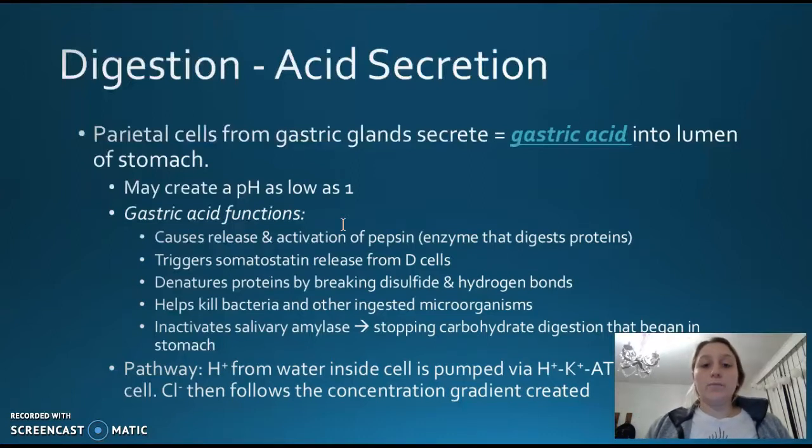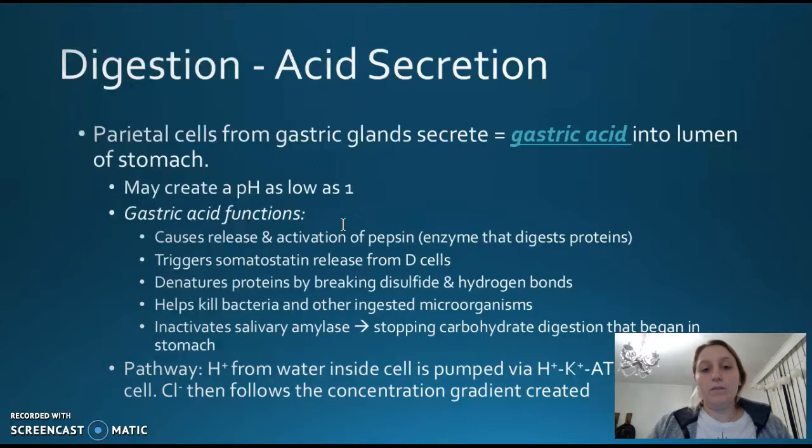Gastric acid triggers somatostatin release from D cells, and we will talk about what somatostatin is in a future slide. Gastric acid also denatures proteins by breaking disulfide and hydrogen bonds.